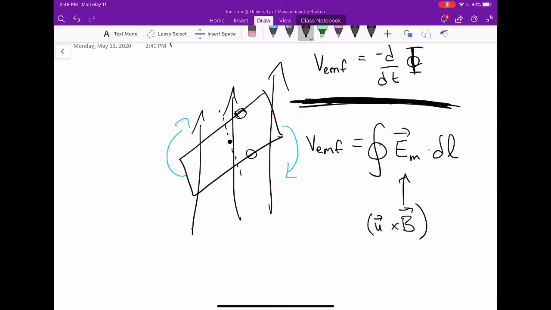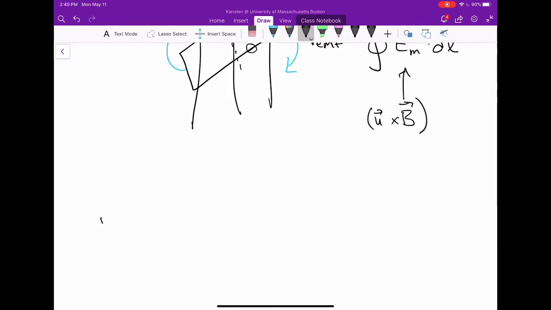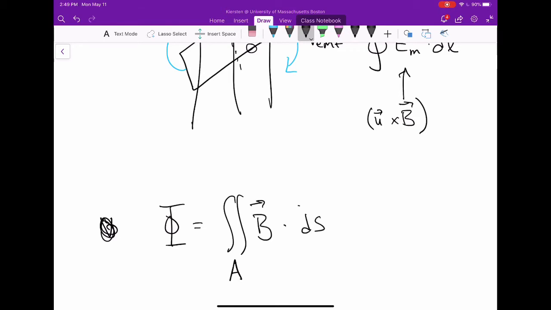of the flux. Now, if the area of the loop is staying the same, but the direction of the unit vector normal to the loop is changing, then what we end up with is that the flux, which is equal to the integral over the area of B dot dS, where dS, if we say that up is in the z hat direction, dS is going to be z hat, let's say, cosine of omega t.